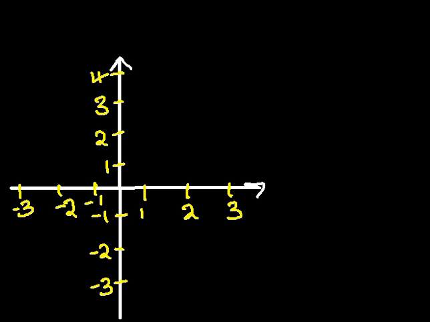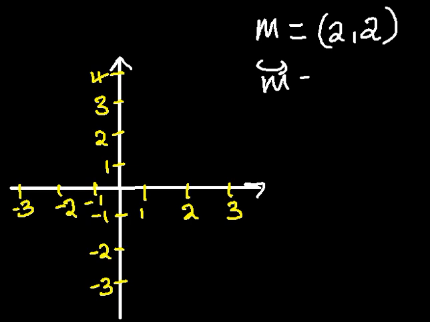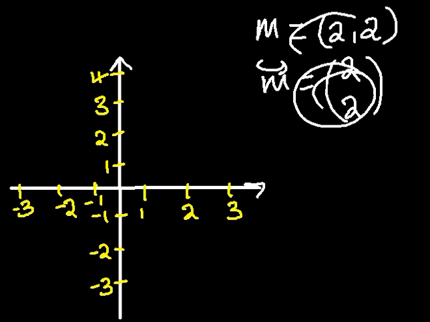Assuming that we have a point M with coordinates (2, 2). In terms of a vector, that particular point M will be given as the vector M, which is equal to 2 down 2. This is the vector notation, and this is the coordinate notation.